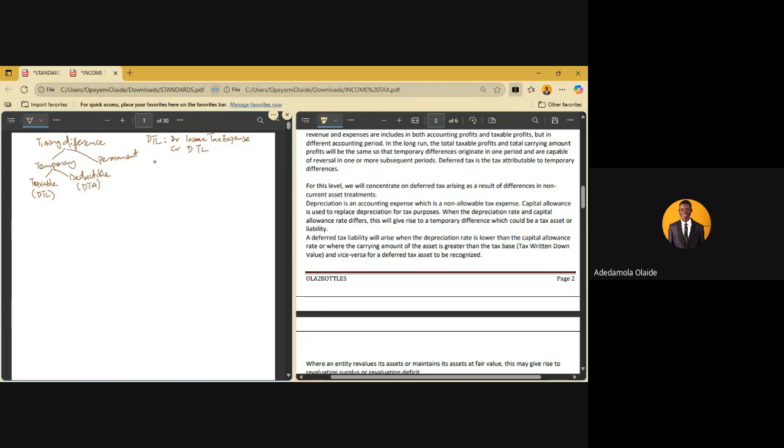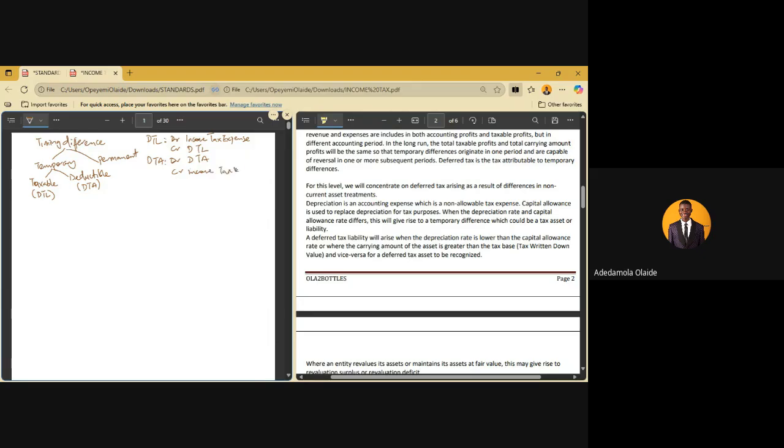But if it is deferred tax asset, we'll debit deferred tax asset account and we'll credit income tax expense, because it's a savings.